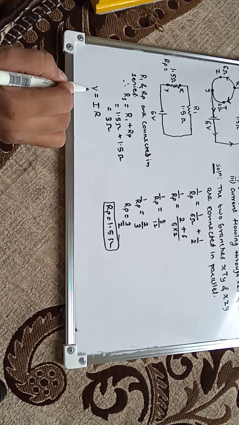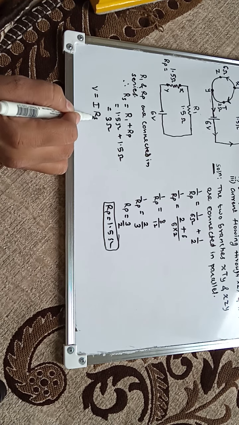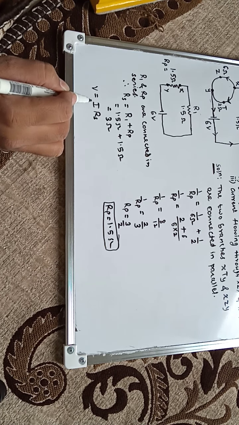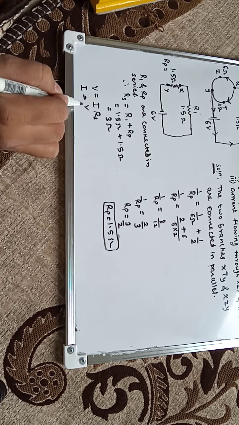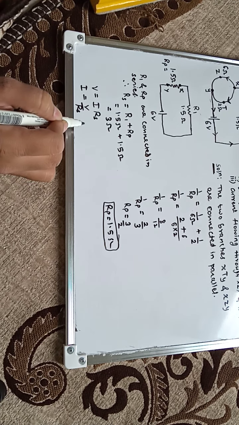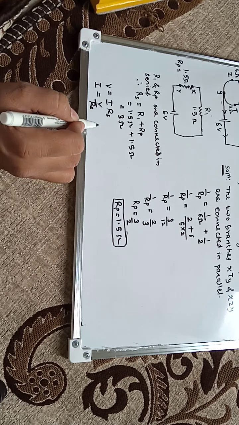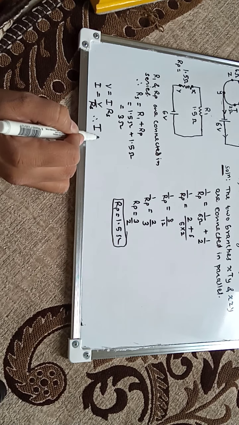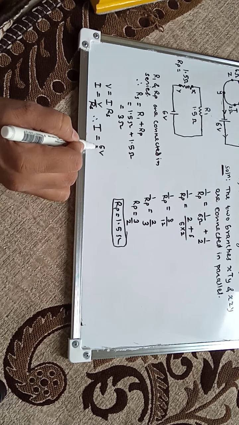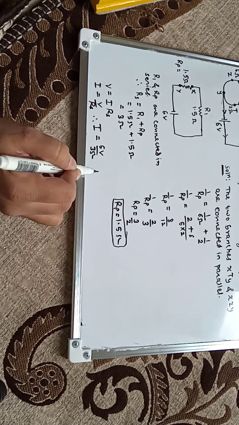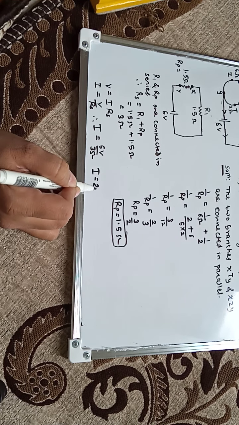So this R will be Rs. If we want to find I, I will be equal to V upon Rs, total voltage upon total resistance. Therefore, voltage is 6 volt and resistance is 3 ohm, so I will be 2 amperes.